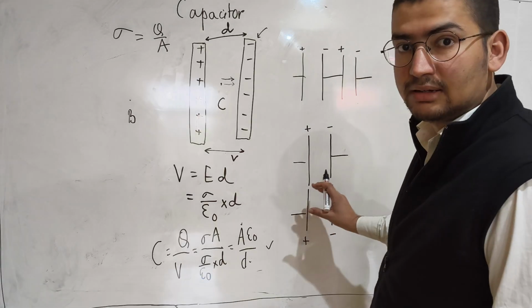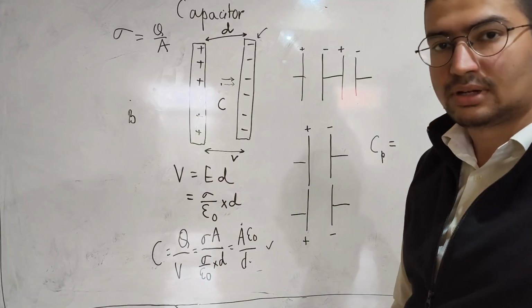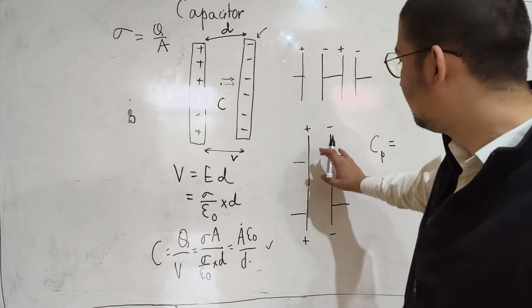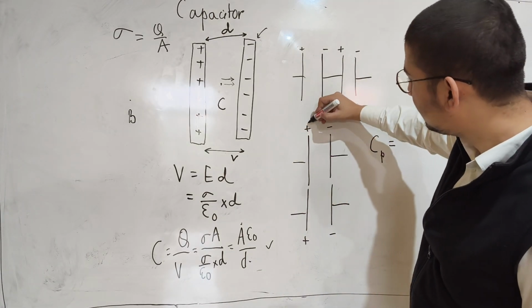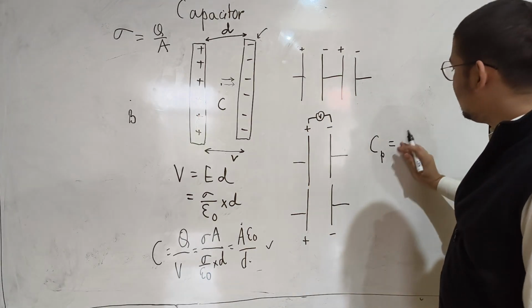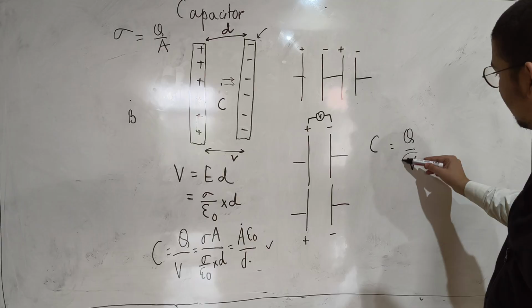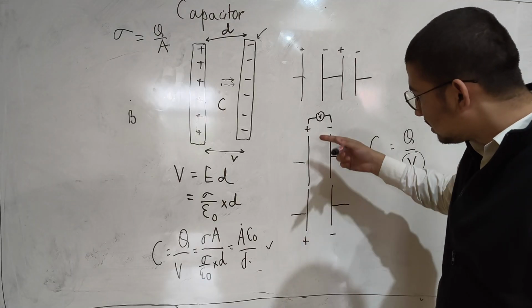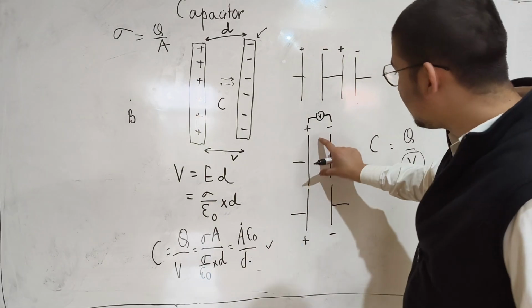So let's look at the parallel connection for now. The capacitance of a parallel connection, let's say Cp, is it the sum of the individual capacitances? Let's find out. Both the capacitors here are at the same potential difference V. We know C is Q by V. The potential difference of both the capacitors is the same, but you have two capacitors here, so the charge you have is twice that of one capacitor.